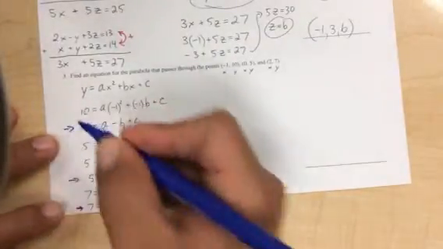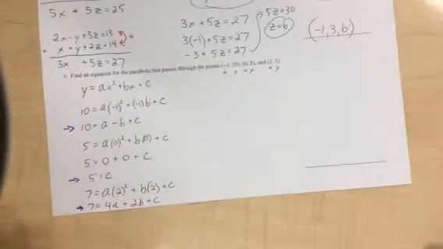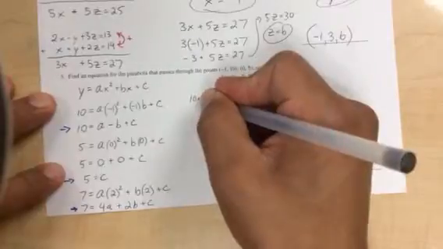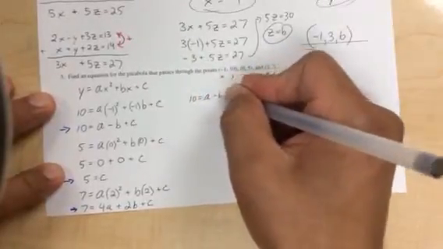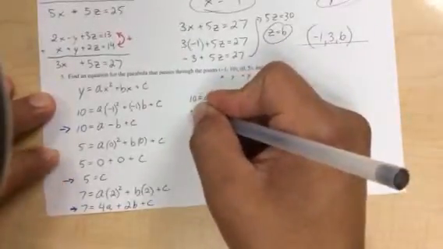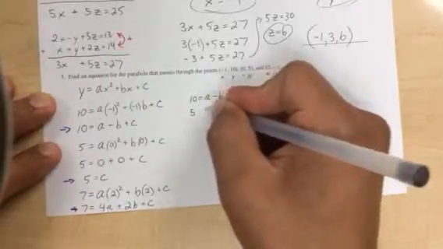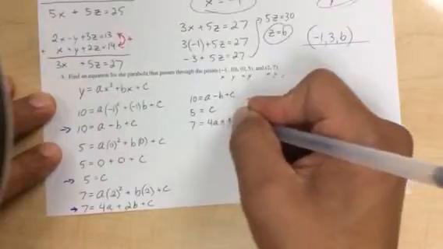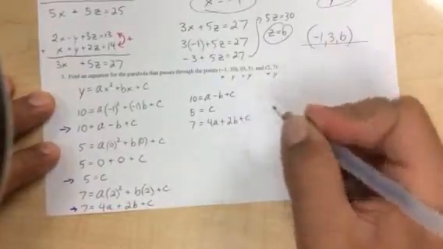I'm going to write them over here. So it's going to be 10 equals a minus b plus c, 5 equals c, and 7 equals 4a plus 2b plus c.